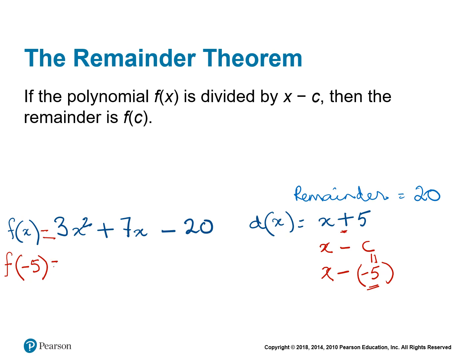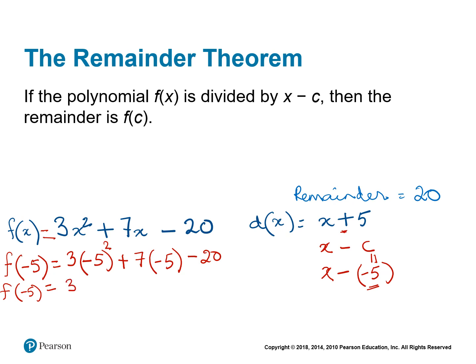All right, let's plug in minus 5 wherever there is an x in the function. So 3 times minus 5 squared, again, please use your brackets around the x replacement, plus 7 times minus 5 minus 20. All right. So in the next step, we will first evaluate the exponents, take care of the brackets rather.